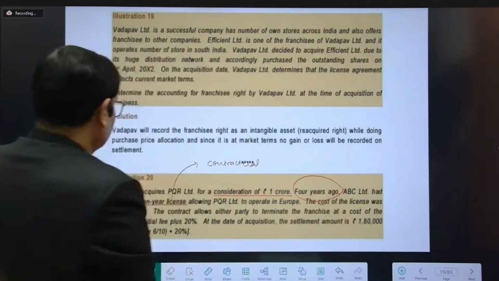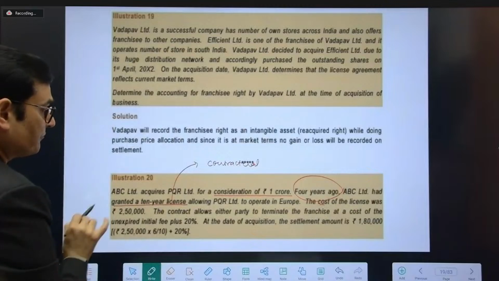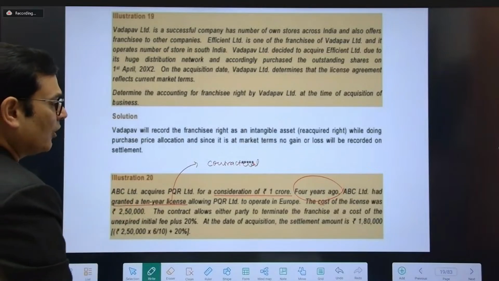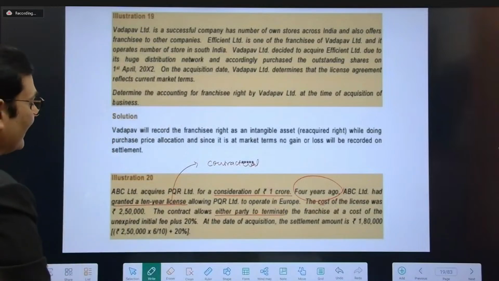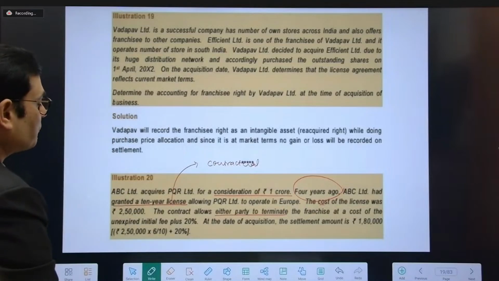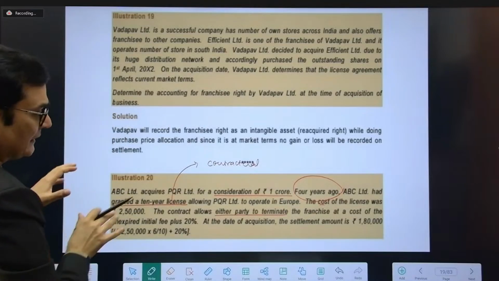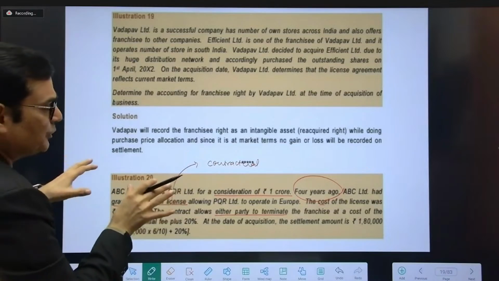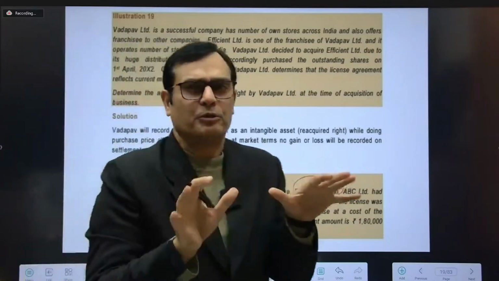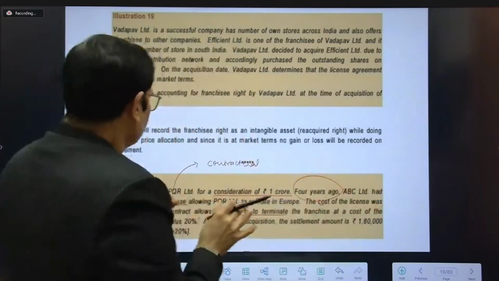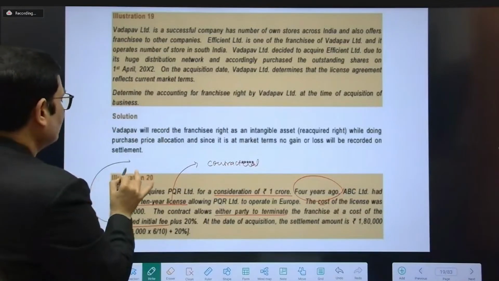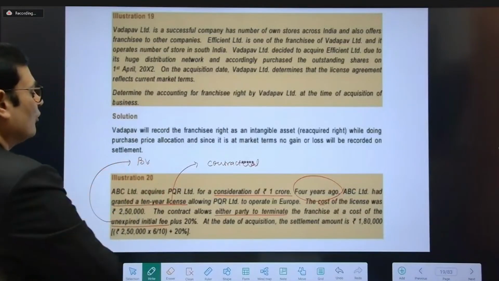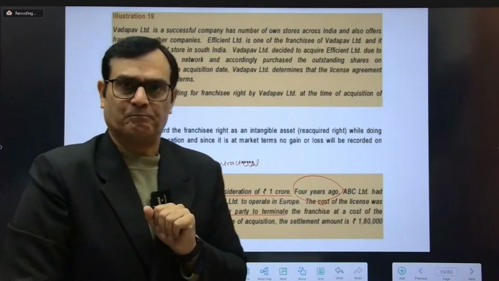The cost of the license is 2,50,000. The contract allows either party to terminate the franchisee at a cost of unexpired fee plus 20%. Any of the parties can terminate the agreement. What do you need to do? Unexpired initial fees would mean the book value of this franchisee right.